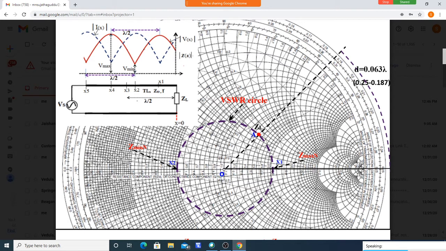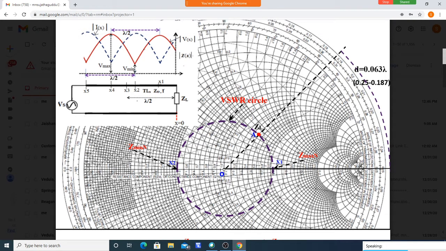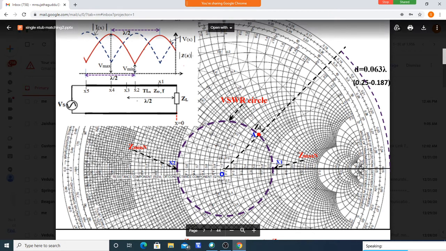Wherever the VSWR circle cuts the right side of this horizontal line, there always occurs a maximum. You read the impedance here. This value is always higher compared to any value elsewhere. You measure any impedance value here, and all those values are lesser than this.